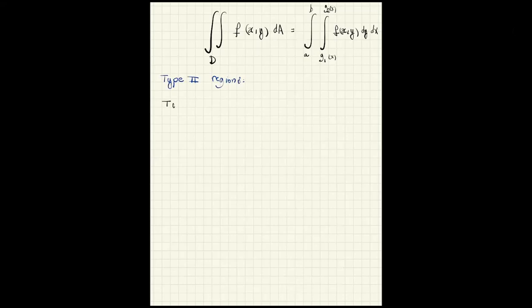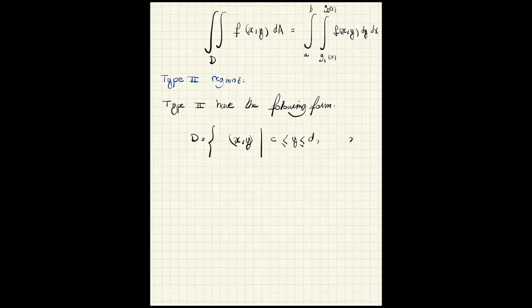Type 2 regions have the following form: D is the set of (x,y) such that y is between C and D, but then x is between two functions of y. Let us call them h1 of y and h2 of y.